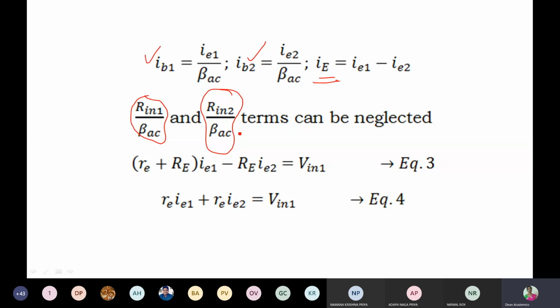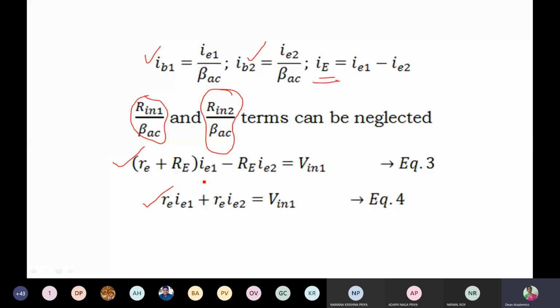By doing all these modifications in equations 1 and 2, you will get equation 3 and equation 4, right? Rearranging these equations, you please do this rearrangement. Actually, I have done this rearrangement earlier for dual input balanced output in a very clear-cut manner. Same way you please do, right?